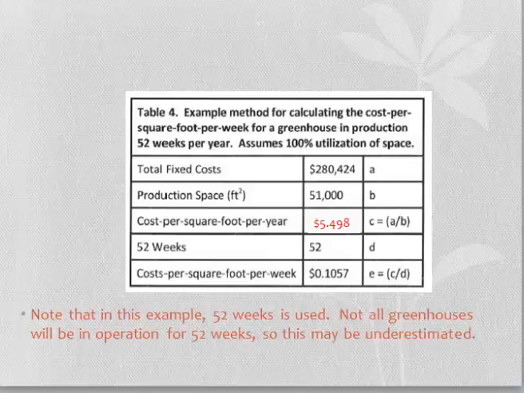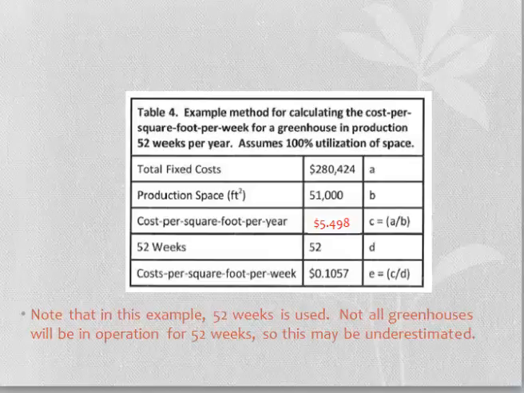To do this, people use what's called a cost per square foot per week. So the first step is to take your total fixed cost, which in this example is $280,424, and divide that by the production space in square feet.